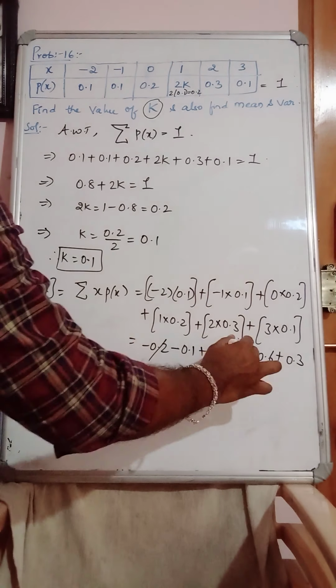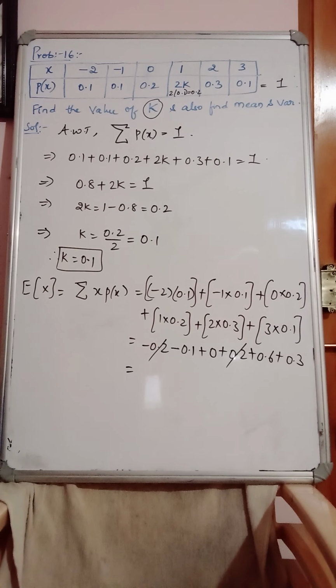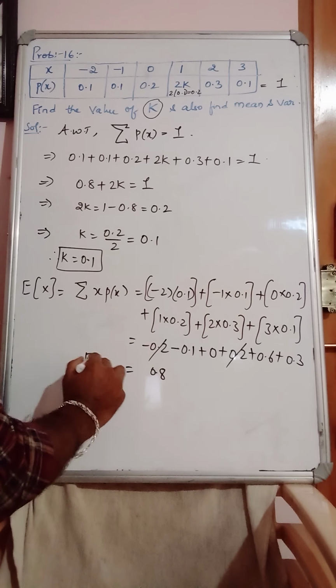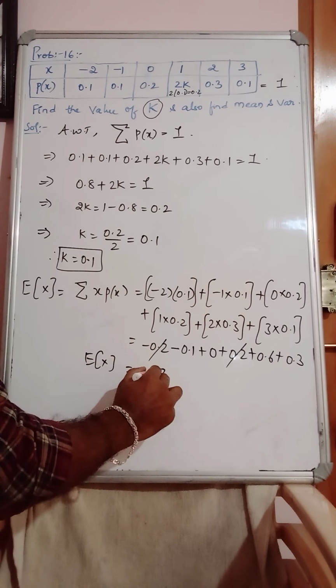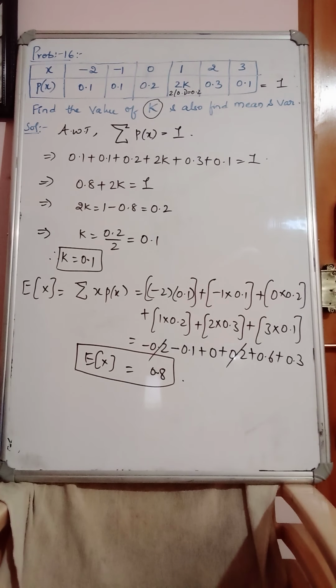So minus 0.2 plus 0.2 cancel. So 0.6 plus 0.3 is 0.9. 0.9 minus 0.1 is 0.8. Therefore, the expectation of x is 0.8.